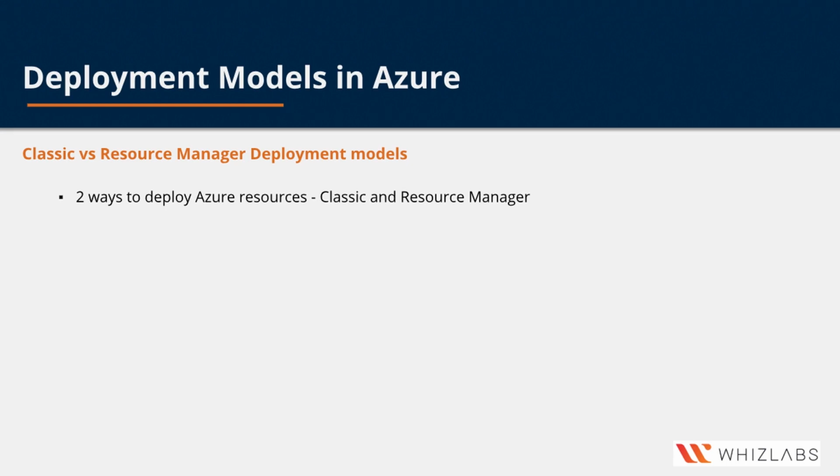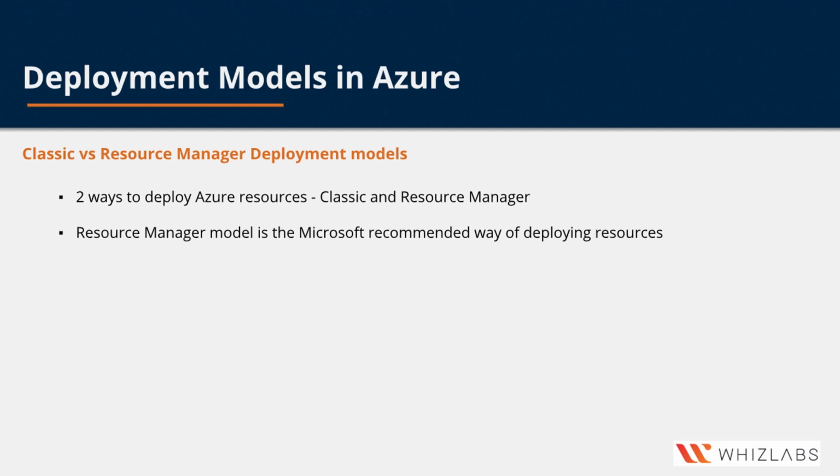So when you create resources with these two different deployment models, you work with completely different APIs and the deployed resources themselves are very different. If you have been using Azure 3 to 4 years back, you would have probably used the classic deployment model to deploy your resources.